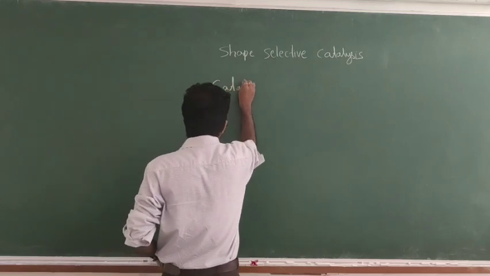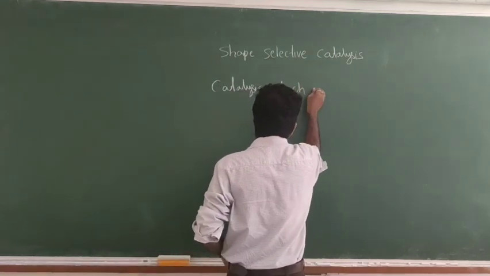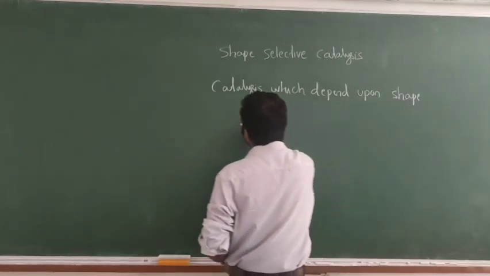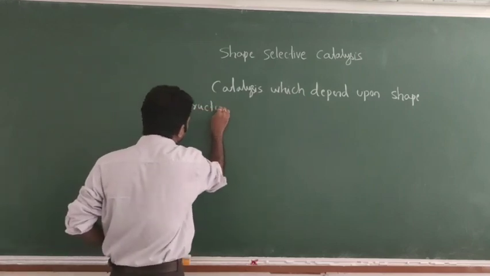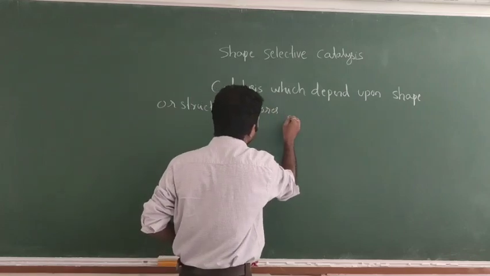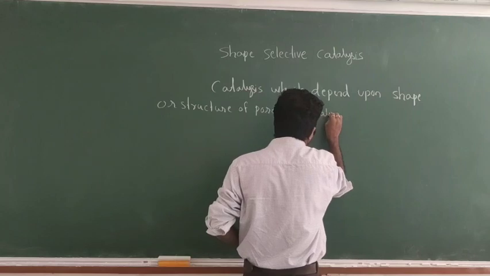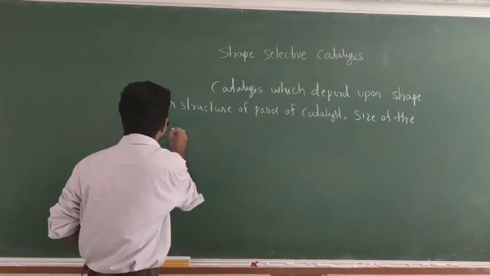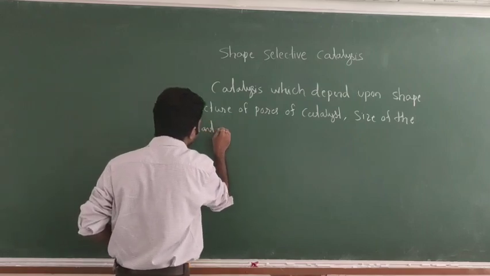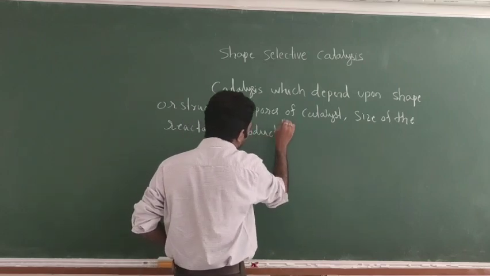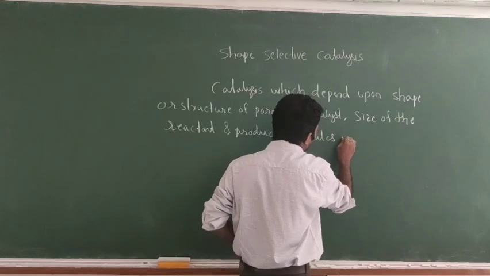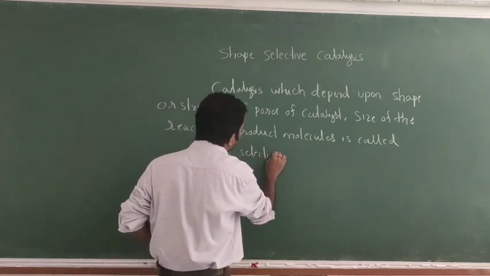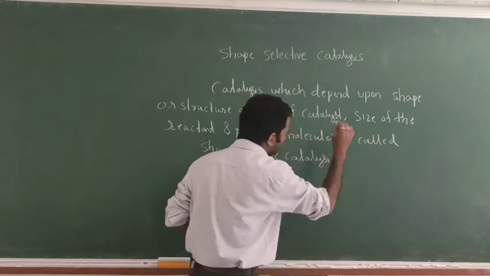So here the catalysis which depends upon shape or structure of pores of catalyst and size of the reactant and product molecules is called shape selective catalysis.